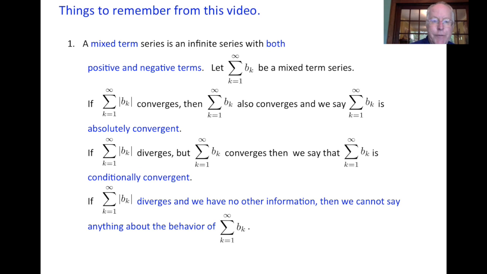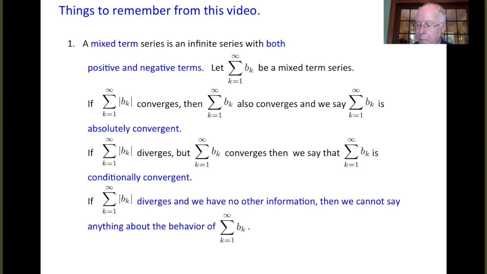So, takeaways from this video. As usual with this subject, there is a lot of notation and definition. We've been working with mixed term series, that is, series with both positive and negative terms. First of all, if we replace the summation of b_k by the summation of the absolute value of b_k, and that series converges, then the series without absolute values also converges, and in that case we say the original series is absolutely convergent.